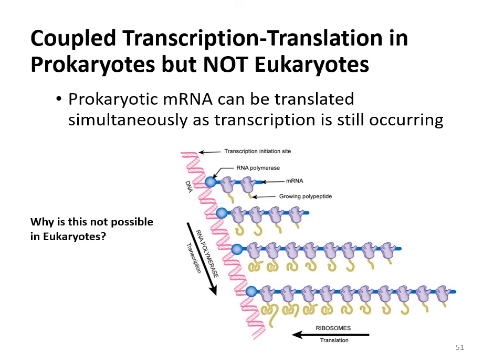The RNA then has to leave the nucleus and find the ribosomes out in the cytoplasm and the rough endoplasmic reticulum. Okay, so when I ask on this slide, why is this not possible in eukaryotes? The answer is coupled transcription translation is not possible in eukaryotes because we have a nucleus.